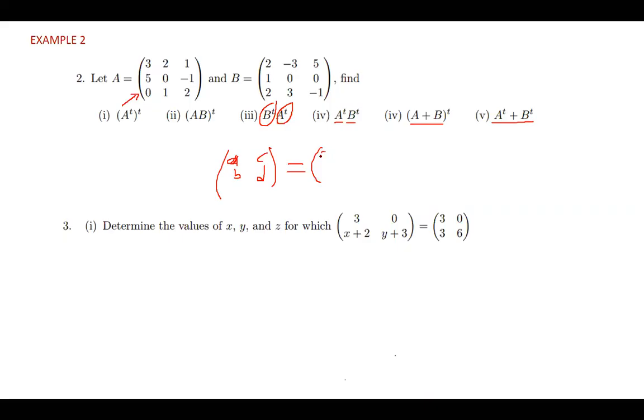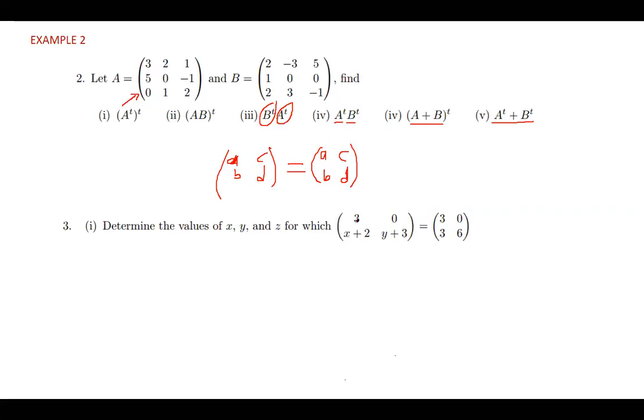There isn't supposed to be any difference. Everything is supposed to be the same. Nothing should be different. So if the first entry here is A, the first entry in the equal matrix is also supposed to be A.